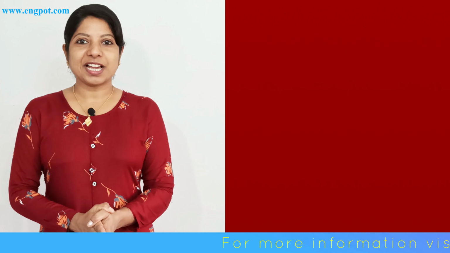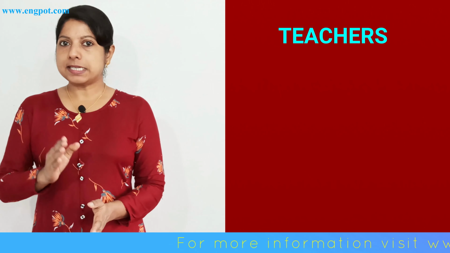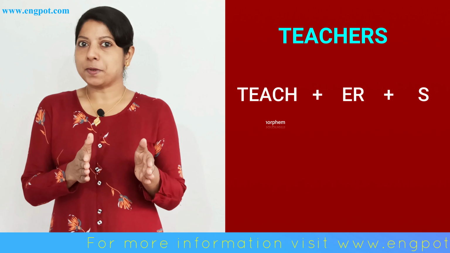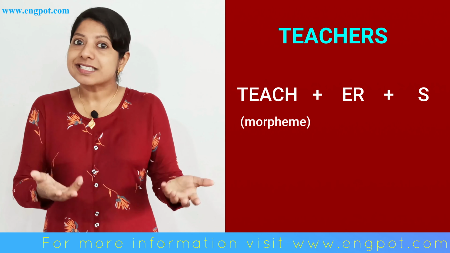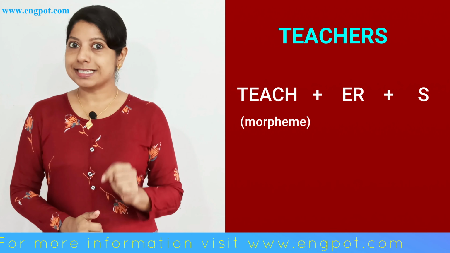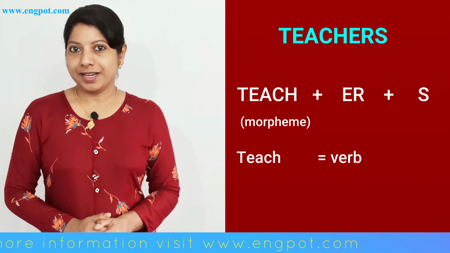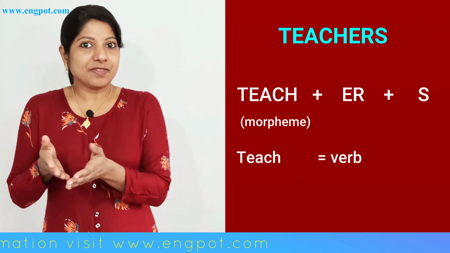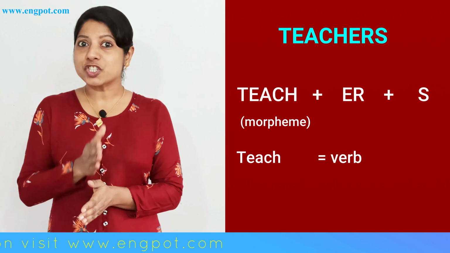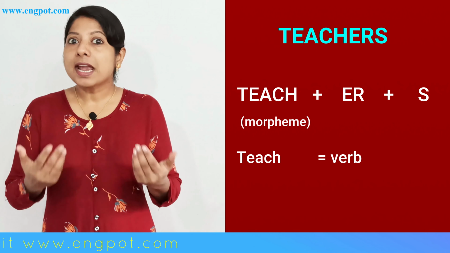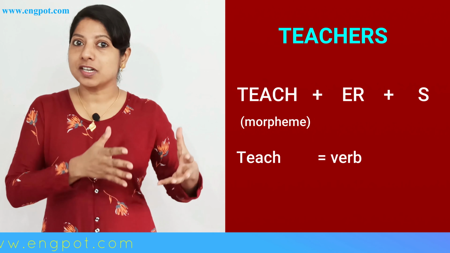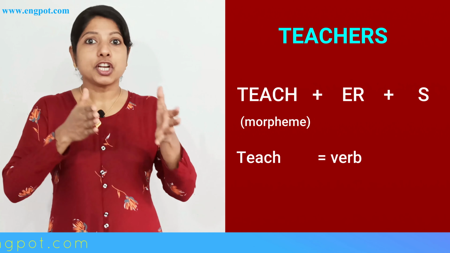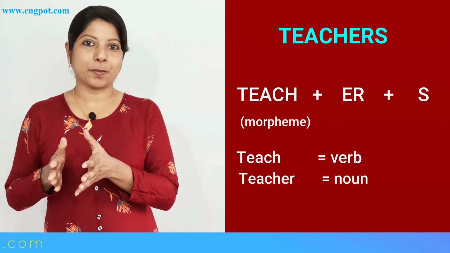Over to another example, teachers. Let's split it as teach, ER and S. Now teach is a morpheme because it is indivisible, it has a meaning on its own, and it is also a verb. Now ER is also a morpheme even though it is meaningless. When attached to teach, it makes it meaningful, or it converts a verb form teach to a noun form.